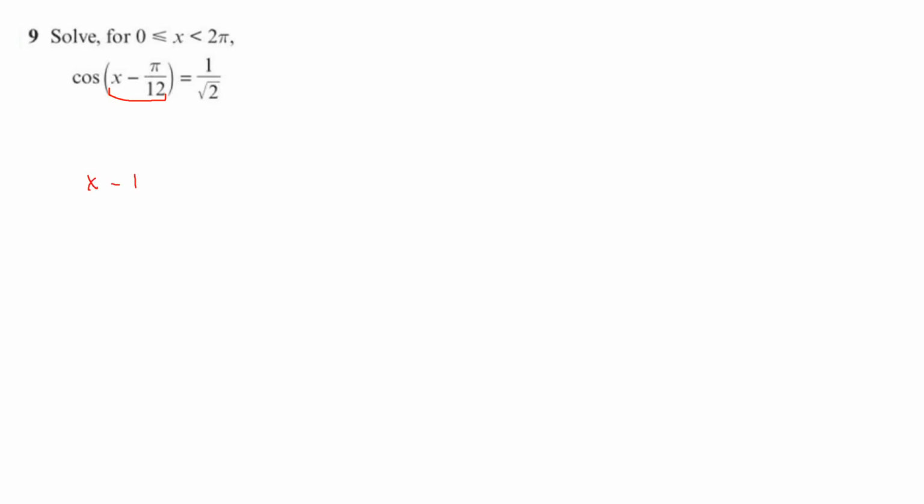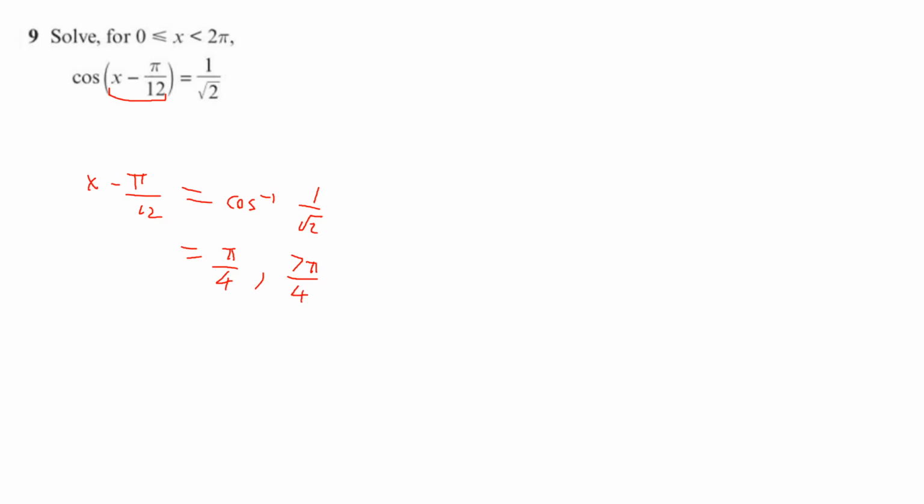So x minus pi over 12 is the inverse cos of 1 over root 2, which is pi over 4, which is 45 degrees. Also, we know that this plus the next value should be equal to 2 pi, so this is also 7 pi over 4.